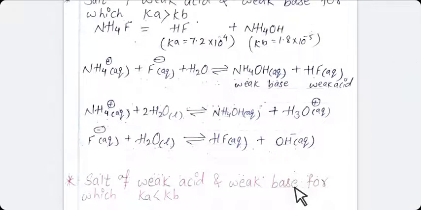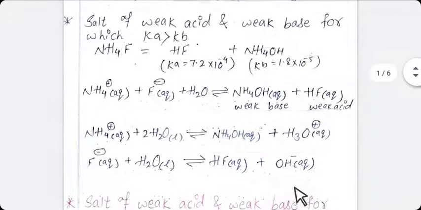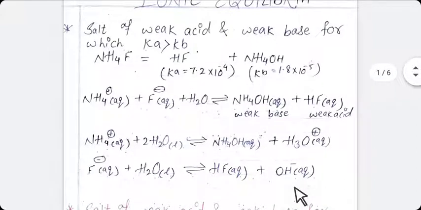The NH4+ ion hydrolyzed to a slightly greater extent than the fluoride ion. Students, remember, the NH4+ ion hydrolyzed to a slightly greater extent than the fluoride ion. That means the reaction produces more hydronium ion than the OH- ion produced in the next reaction.